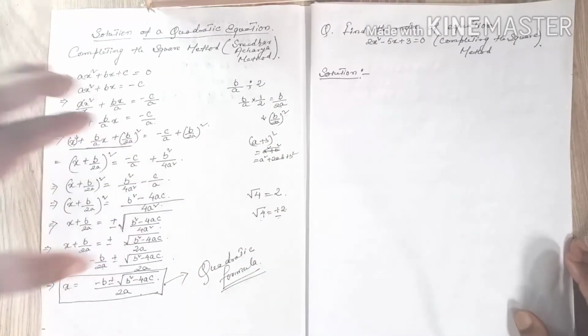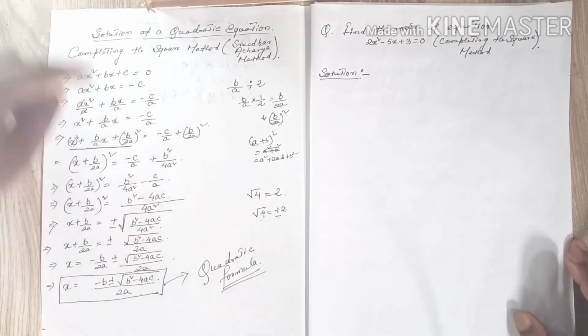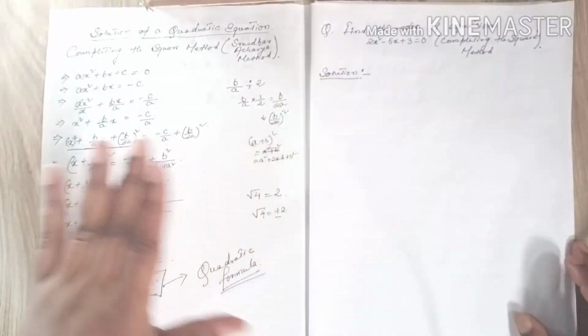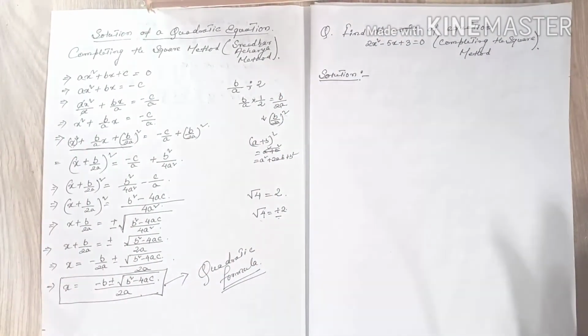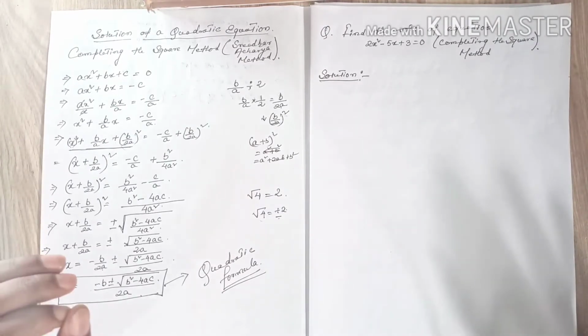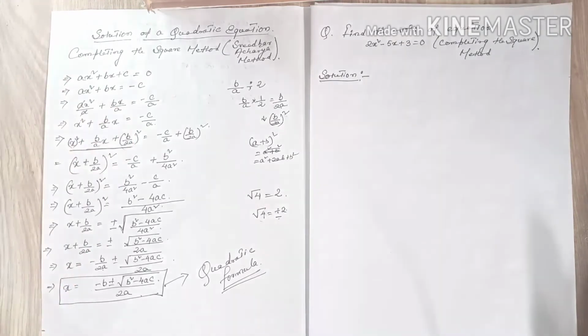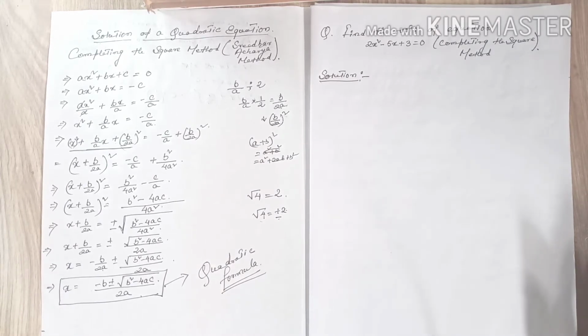Whatever steps we have applied here, the same steps we have to apply while solving this question. In the examination, whenever you get such a question to solve a quadratic equation, you are free to apply any method, either splitting the middle term or this method, or the formula also. It is your choice if it is not mentioned in the question which method you have to use.